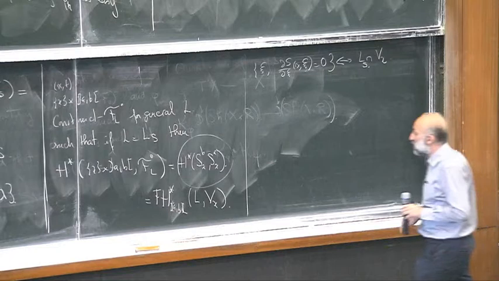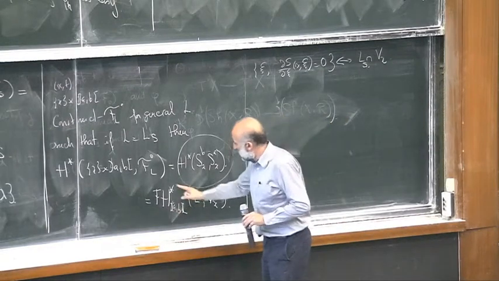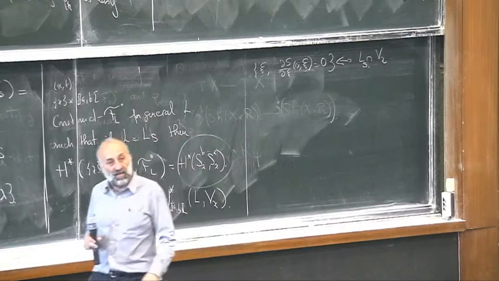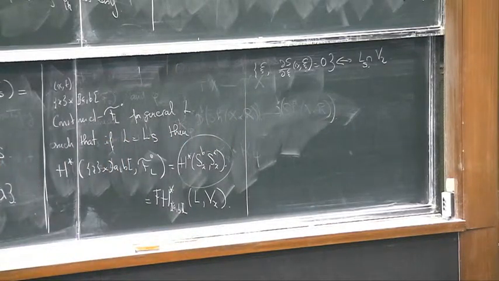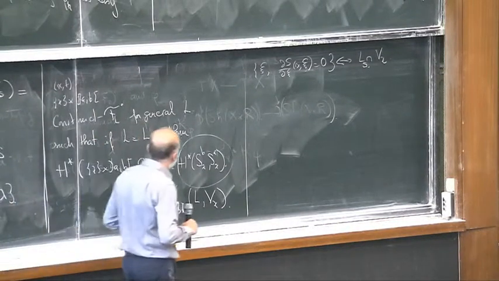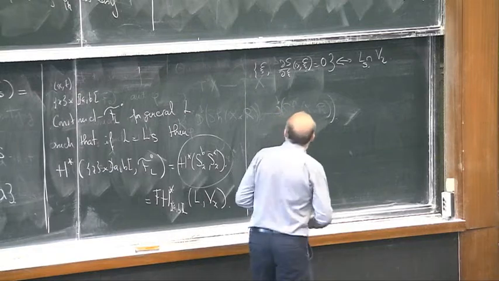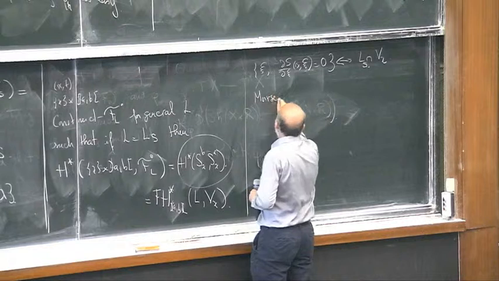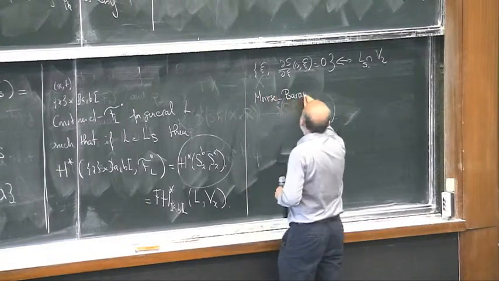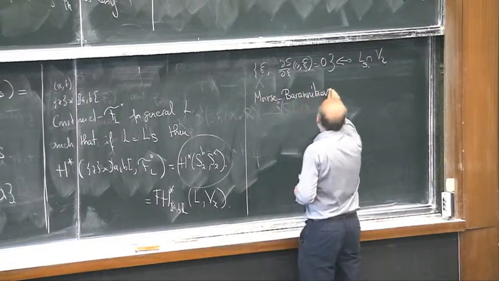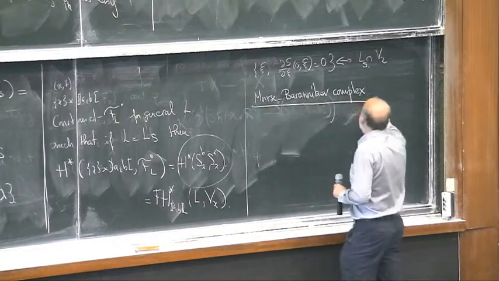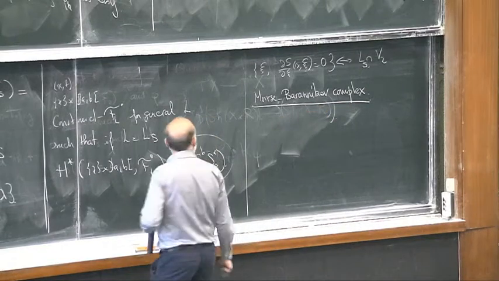But in this situation, because you know all this cohomology between A and B, and you also know the maps when you vary A and B, what I claim is that there's a way to recover a canonical complex, which will have the correct cohomology. And this is what's called the Morse-Barannikov complex, which I'm now going to explain.